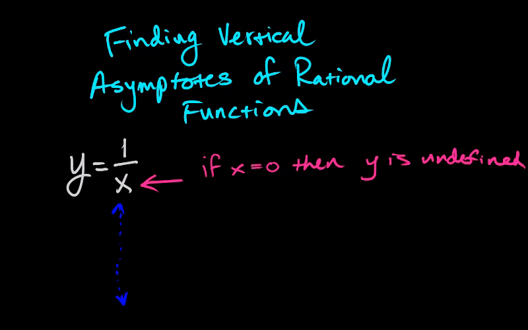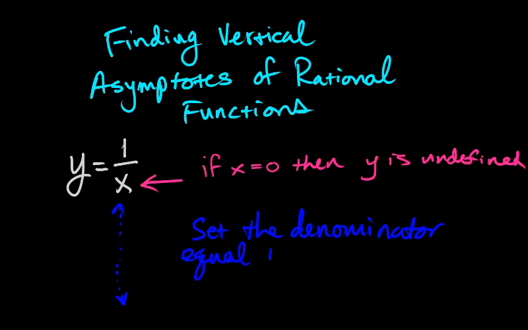And so when you're looking for vertical asymptotes, all you need to do is set the denominator equal to 0 and solve for x. When you do that, up will come the answers for what the actual vertical asymptotes are. Those will be the x values that make the denominator equal 0.